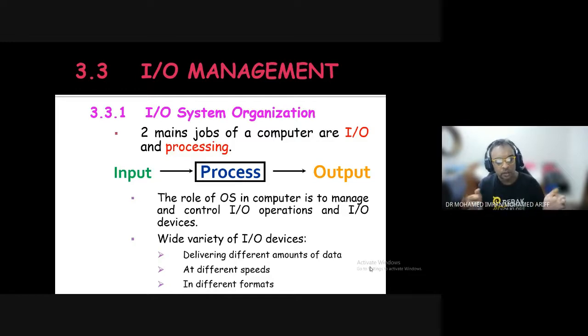Although we say input from the keyboard, output to the monitor, actually if you go into detail, it's input from the keyboard processed by the CPU as an output, and that output now becomes an input back to your monitor and displays on your screen.